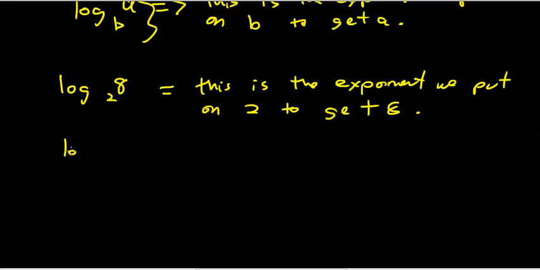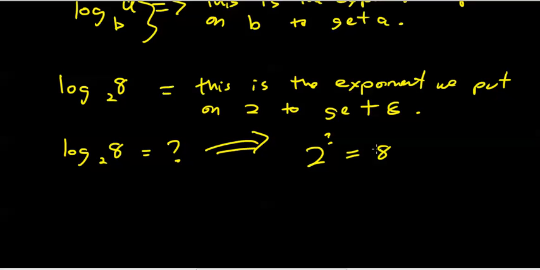Well, what is that? Let's rewrite this in a different way. Let's say I want you to find the log of 8 base 2. So I'm really asking you, what power do I put on 2 to get 8? In other words, I can rewrite this expression in exponential form.